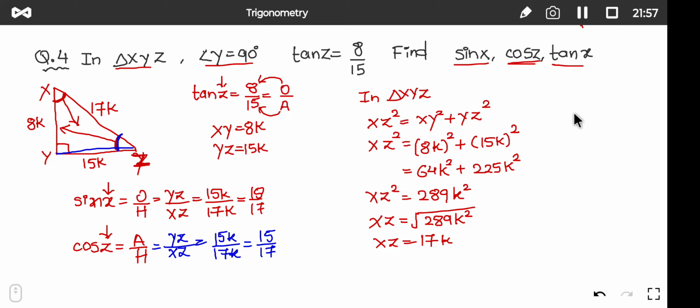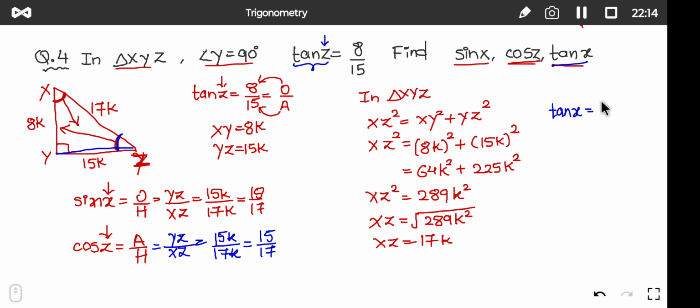And the third thing is tan x. Tan is nothing but opposite upon adjacent. Our tan z is already given, but that is from the angle z. We have to find out tan from angle x, the value of tan x.